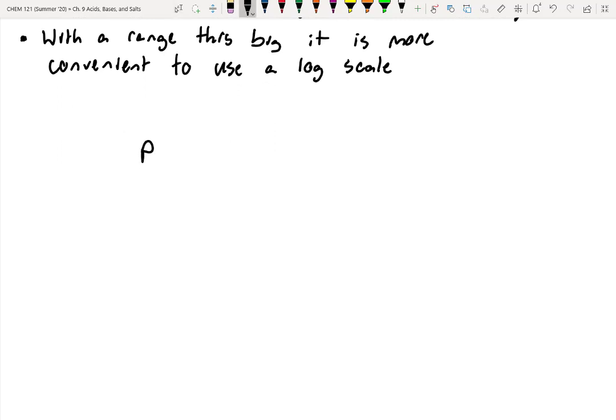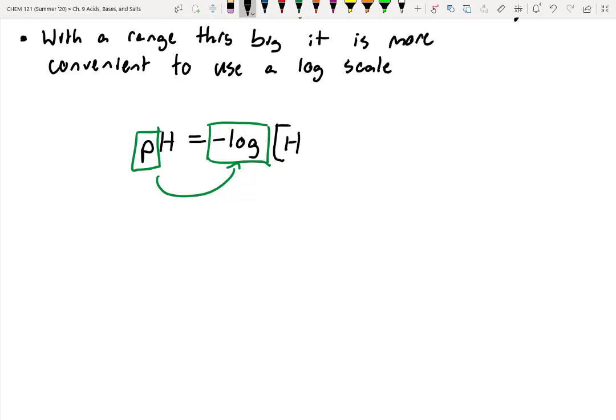We use the pH system. And what P stands for in a mathematical sense, this P is mathematical code for negative log. They're the exact same thing. Okay, so P is just math term for negative log, and then we take negative log of the concentration of H+.